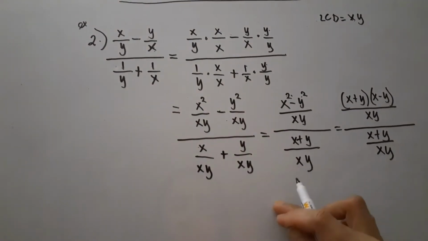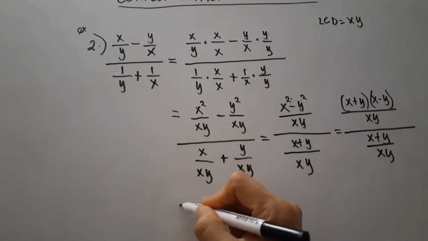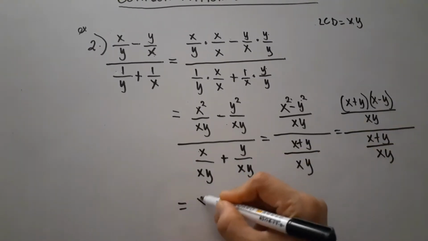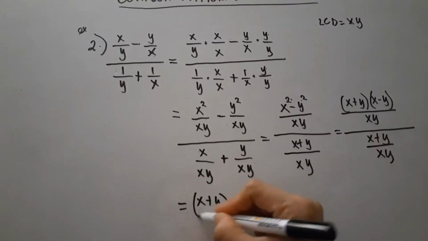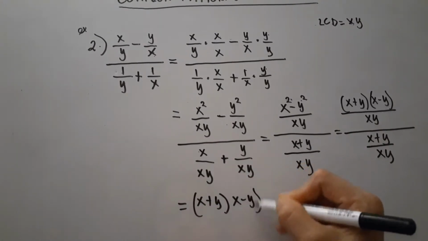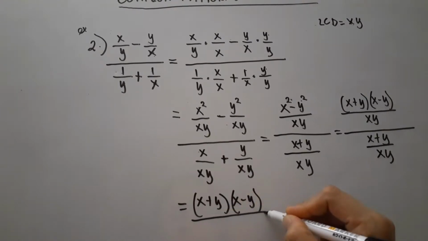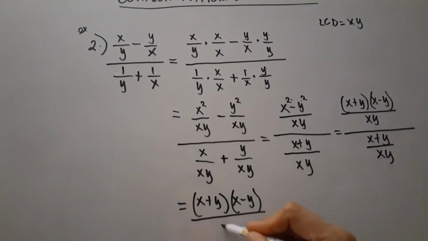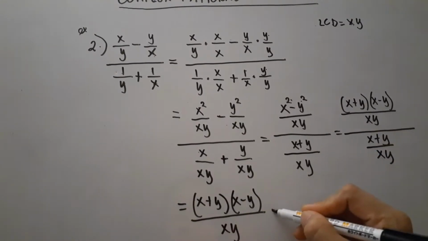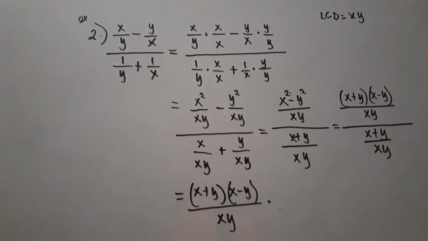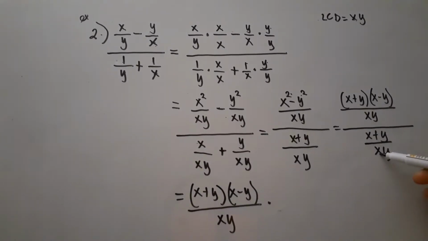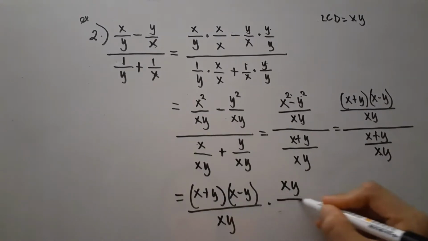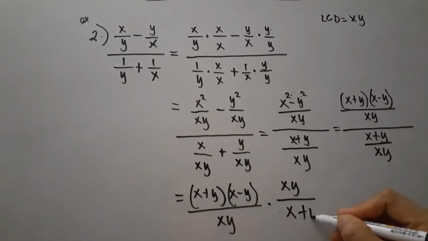And next, in dividing complex fractions, we can use the rules of dividing fractions. We can flip by using the reciprocal. So we have (x + y)(x − y)/(xy) multiplied by the reciprocal of (x + y)/(xy), which becomes xy/(x + y).